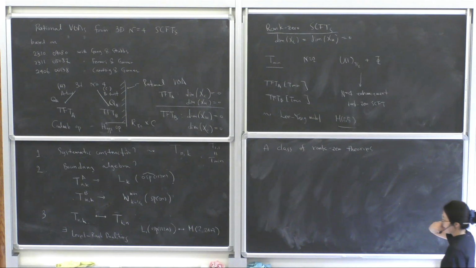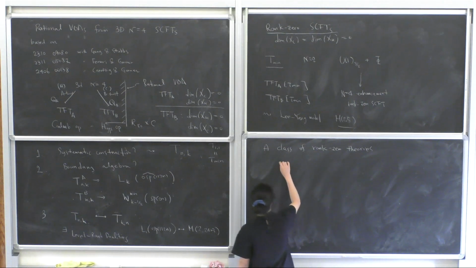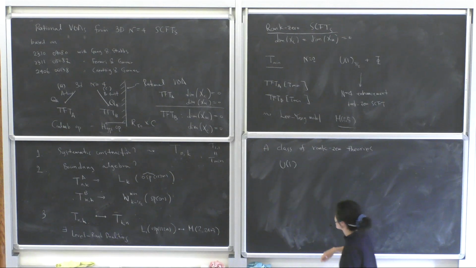As I mentioned, all we can hope for is an N=2 description of this theory, and we can hope that some of them will flow to these really N=4 rank 0 theories in the IR. So this class of theory that I'm going to introduce also has a U(1)^n description.